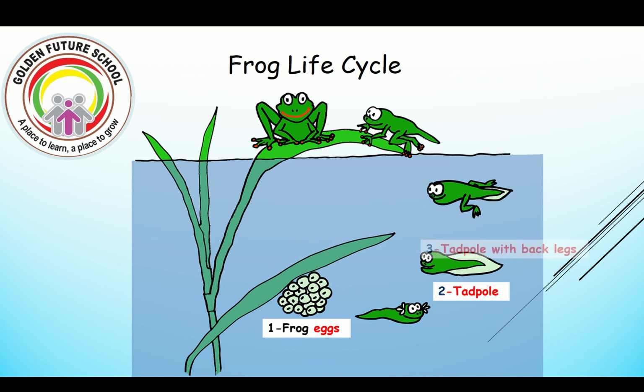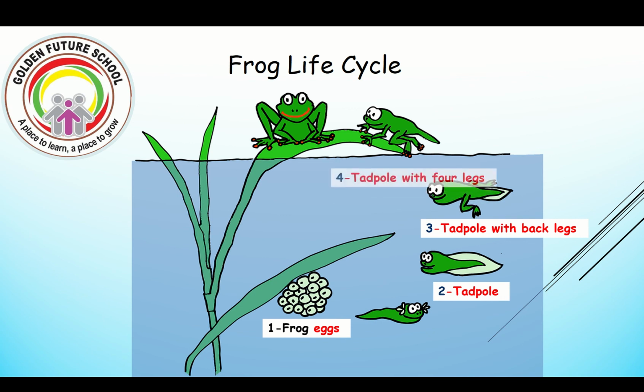So we say tadpole with back legs. After that, again eating more and more, growing two legs from the front. We say tadpole with four legs. In the end, the tadpole changes to the adult frog look, and it's ready to get outside of the water. That's all, the frog life cycle. It's a really amazing life cycle.